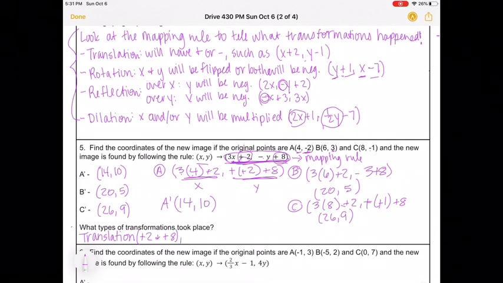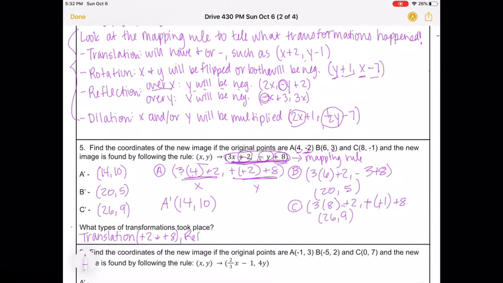All right, but that's not the only thing that happened. I also have a negative with my y. So I'm going to look up here. All right, well, reflection over x tells me that y will be negative. So that's what happened there.